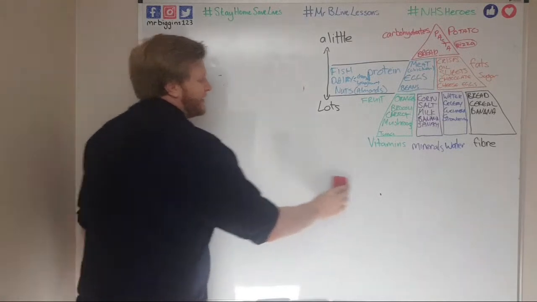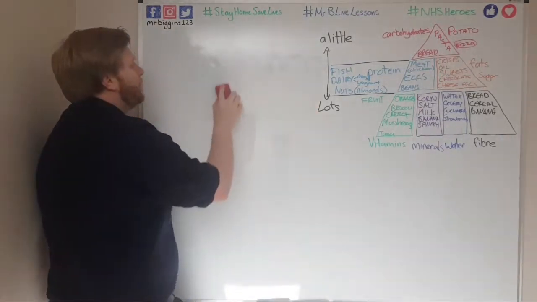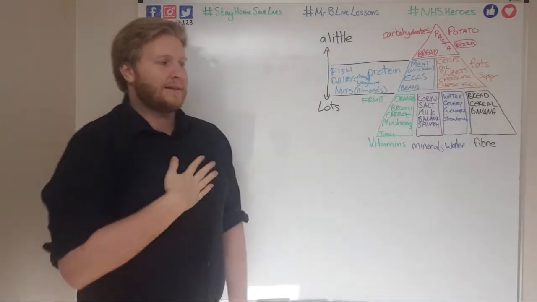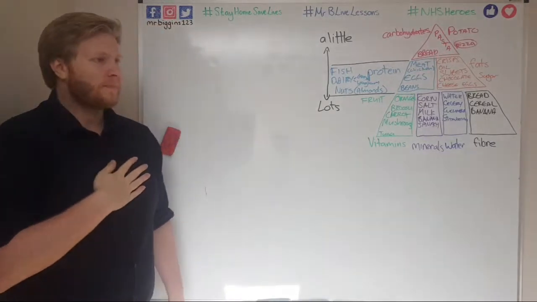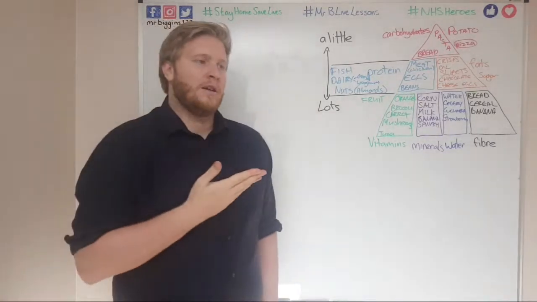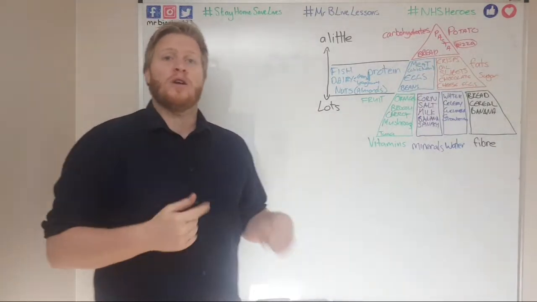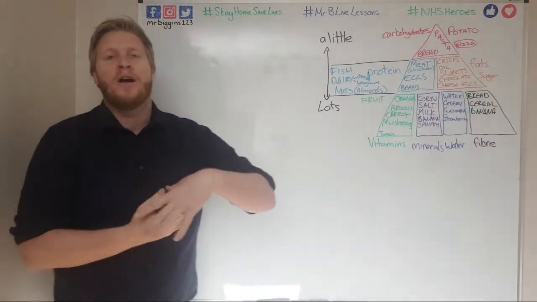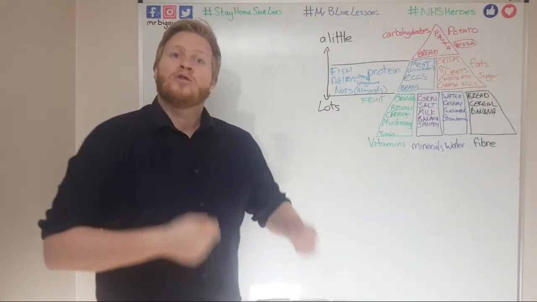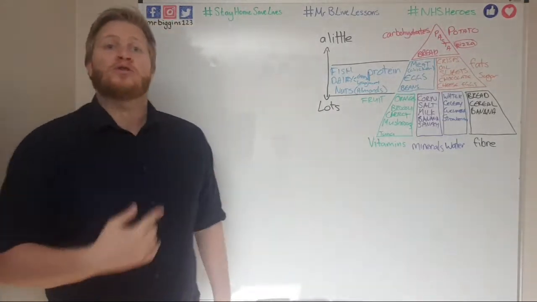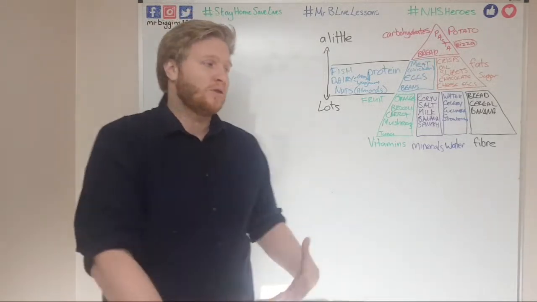So any physical exercise that we do that makes our heart beat more is classed as exercise, and it raises your heart rate. So how fast your heart is beating is how hard your muscles are working, because they need more nutrients, they need more vitamins, they need more oxygen. So your heart beats faster to get around quicker. So that's because you're doing exercise, because your muscles are working more.